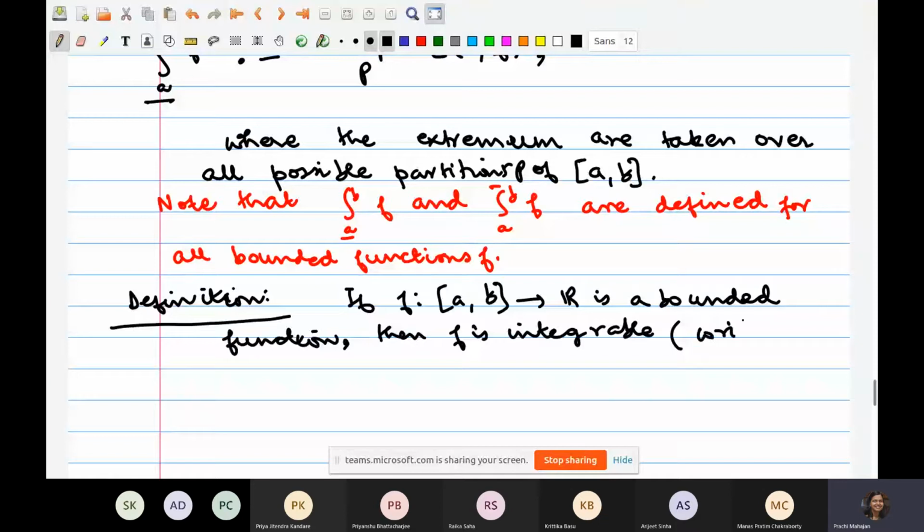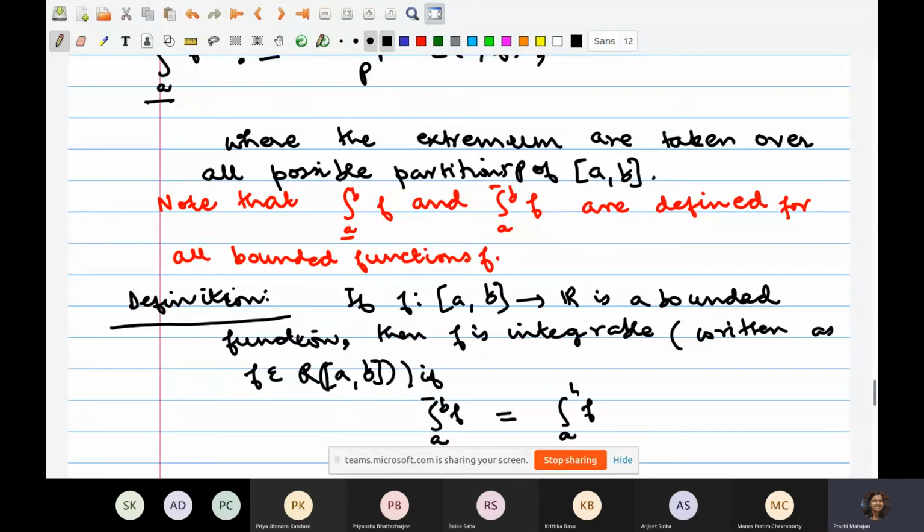This is denoted by f is Riemann integrable, where R stands for Riemann, on the interval [a, b], if the upper Riemann integral of f, which is the quantity that we just defined, coincides with the lower Riemann integral of the function f.